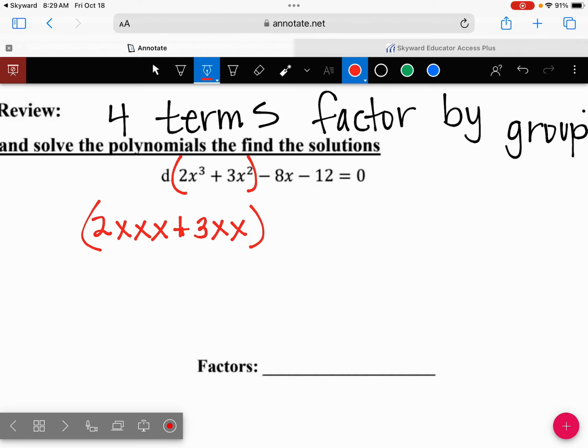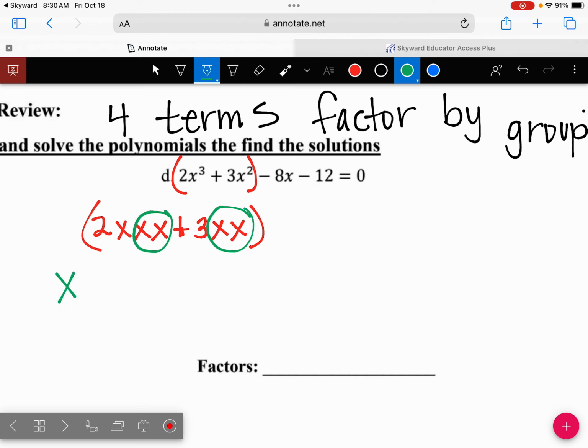Go ahead and take out your GCF. So we got x, x.